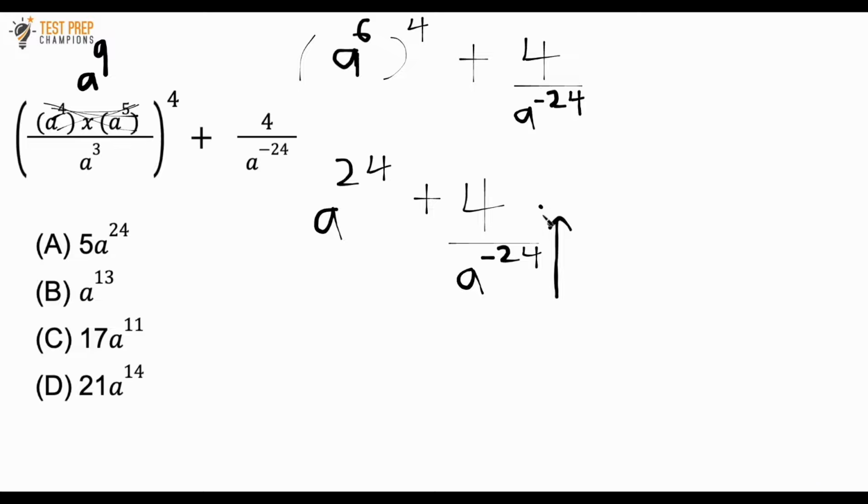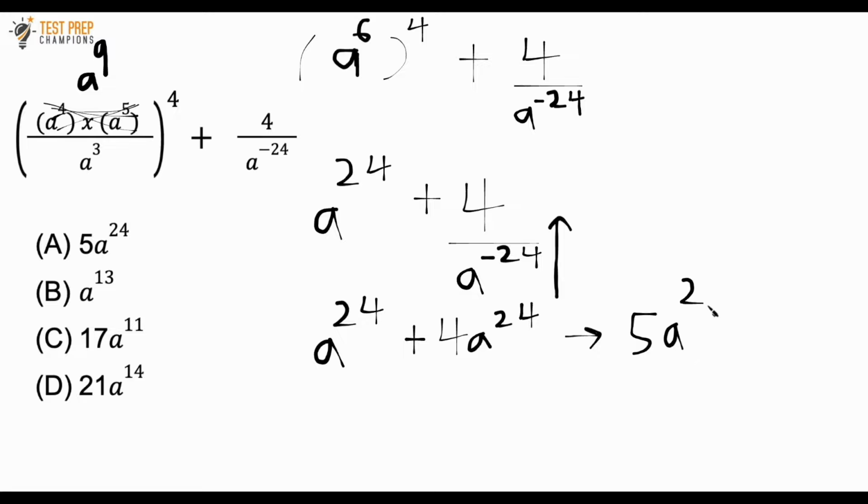And when I do that, the negative 24 is going to become positive 24. So I would then have a to the 24 plus 4 times a to the positive 24. So the way I finish this out is I just add a to the 24 and 4 times a to the 24, which is going to be 5a to the 24. So we can see that the correct answer is A.